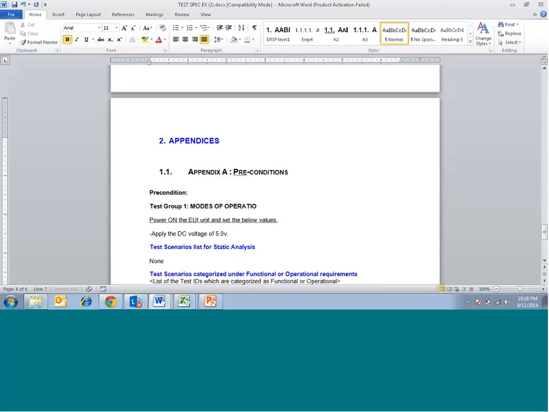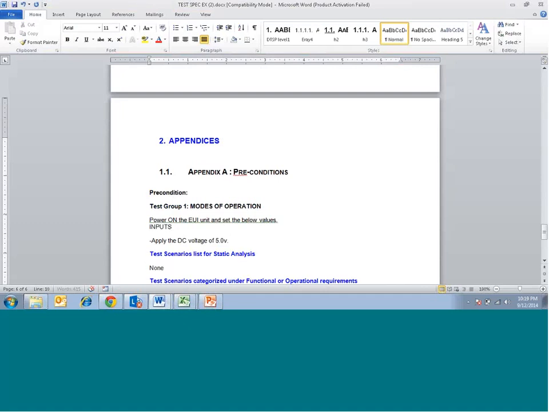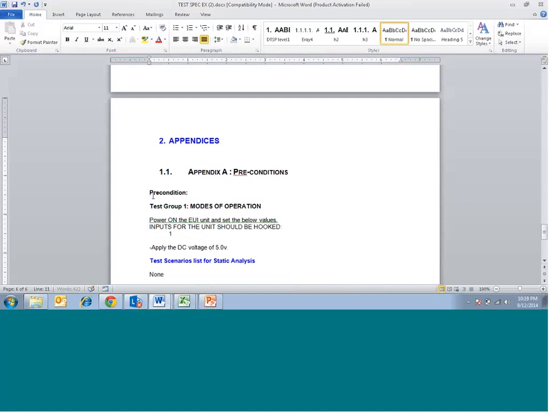So what are the things that we need? We need to power on the unit and set the below values. Below values could be something like what are the inputs for the unit that should be hooked. So what are those? One could be the CAN message adapter should be up.